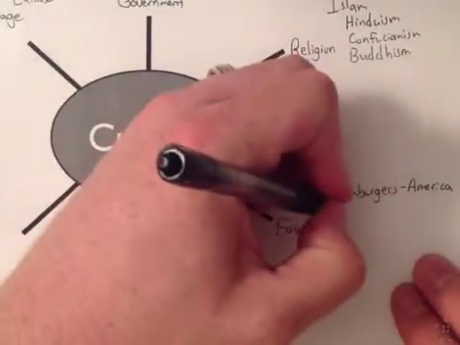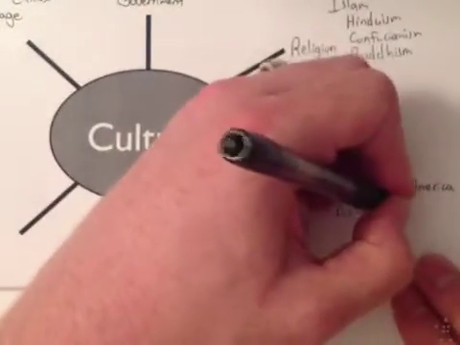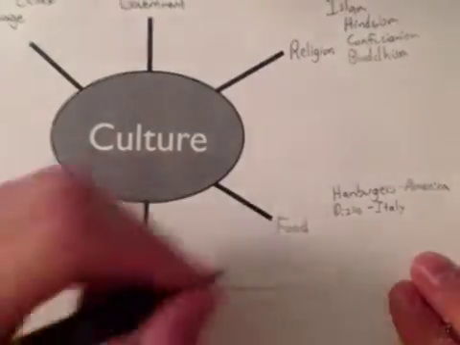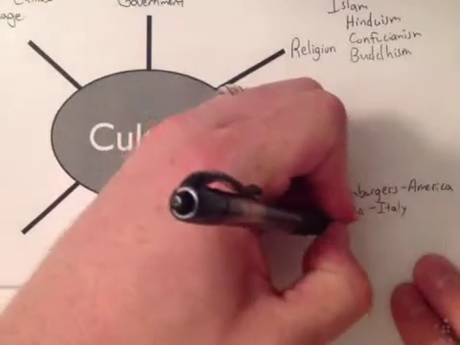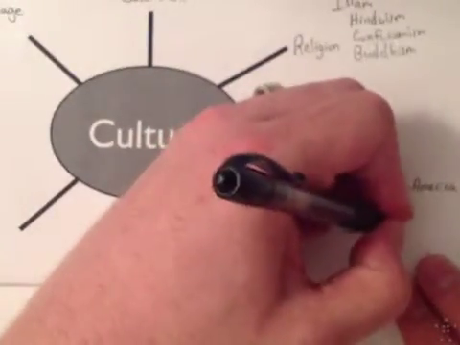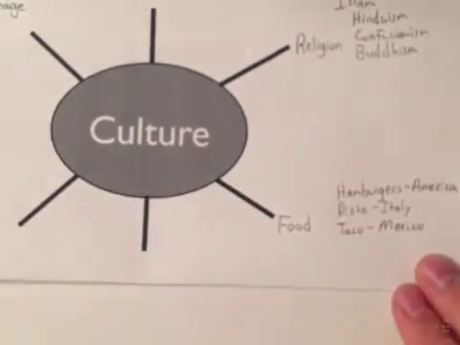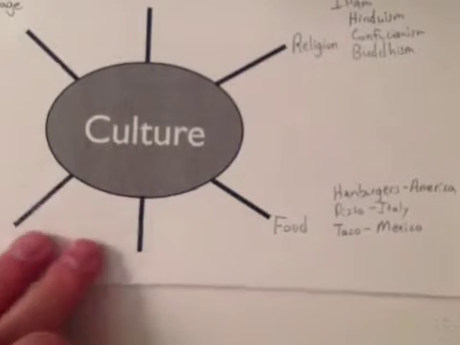Another example is pizza with Italy. We can have tacos with Mexico. And we can list on and on. If you want to add some more to your list, please do so. It does not hurt my feelings one bit.